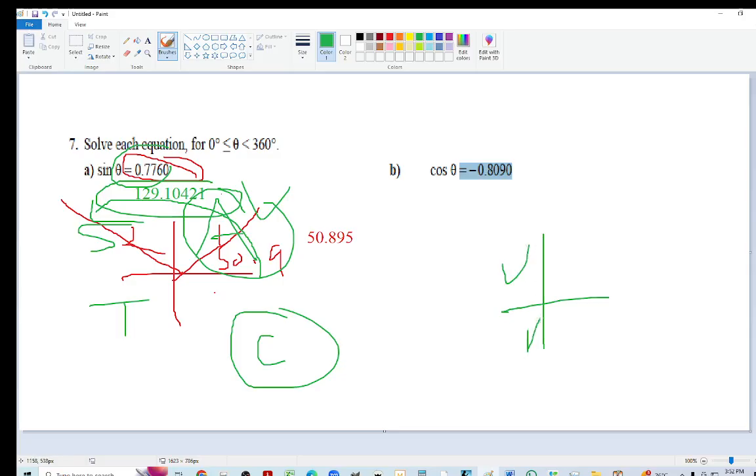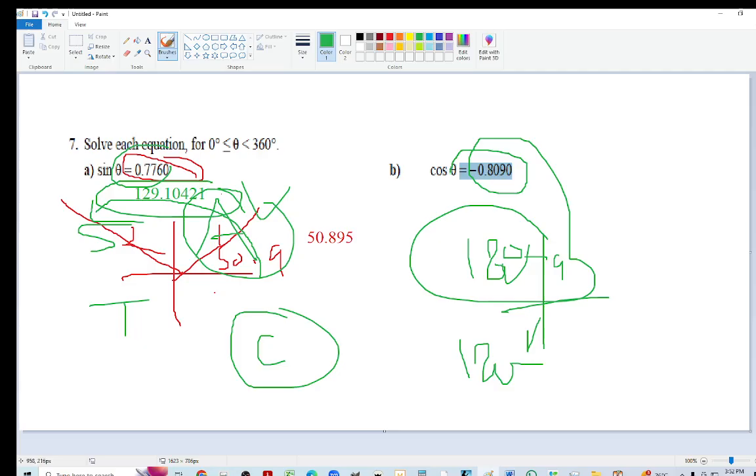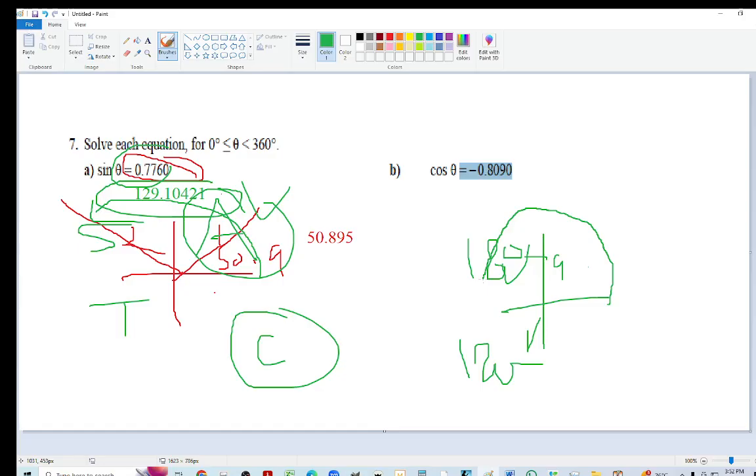Here or here. Remember that this area is going to be 180 minus the acute angle, and this area is going to be 180 plus the acute angle. But because my calculator must spit out the result of the negative, it's going to spit out the one that's closest to 0, and so I think it's going to spit out this one.